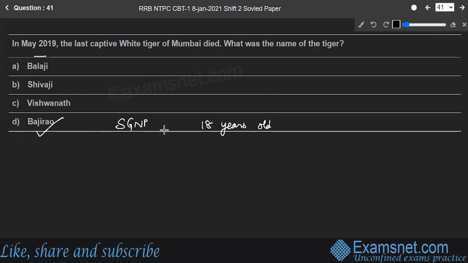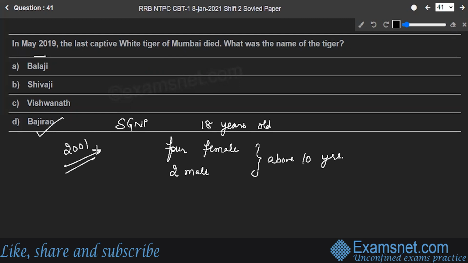There are 6 remaining Royal Bengal tigers at the park, 4 females and 2 males. All are above 10 years of age. Bajirao was born in Sanjay Gandhi National Park in 2001 to Tigress Renuka and Tiger Siddharth, both white tigers brought from Aurangabad Zoo.